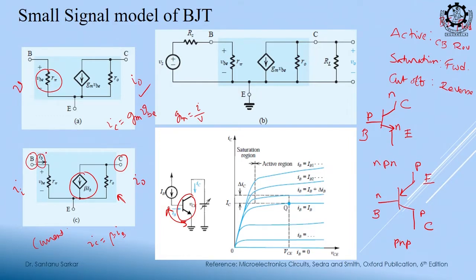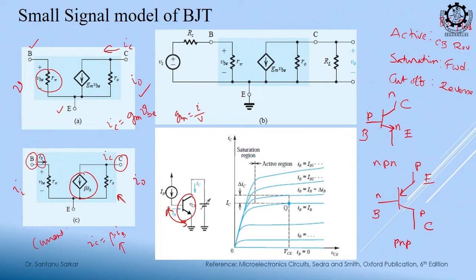This is my IB, this is a dependent current, output should be IC. So, IB and IC have some relationship, that relationship is multiplying with a gain. So, this is beta IB. Now, here I have input as voltage. This is base, this is emitter. So, input side is VBE, output side is IC, this is a transconductance. Now, this should give me a current.